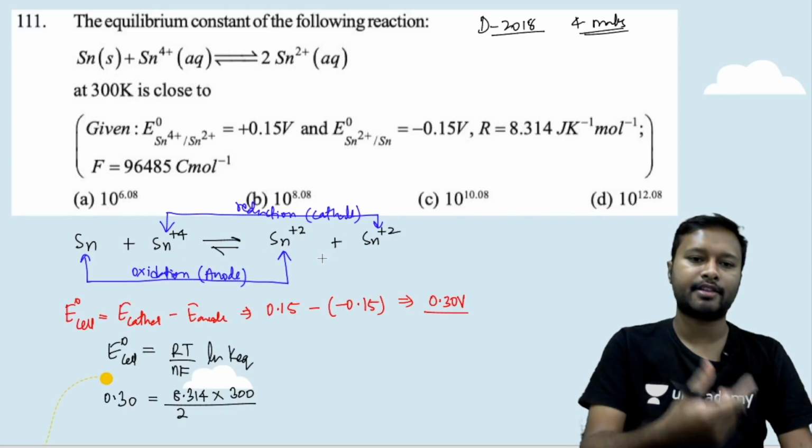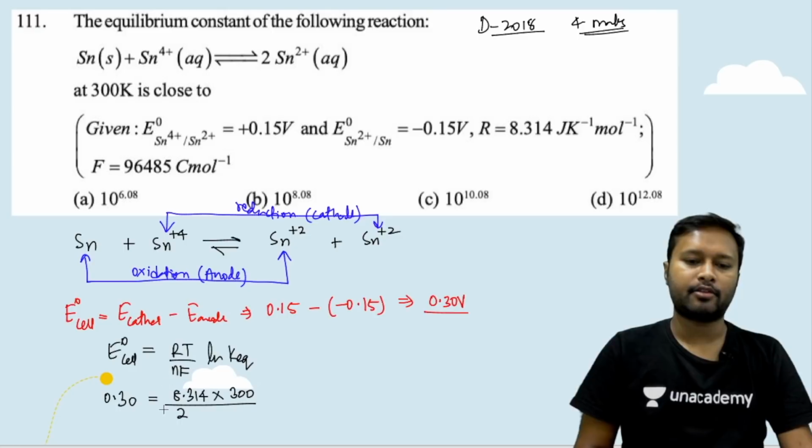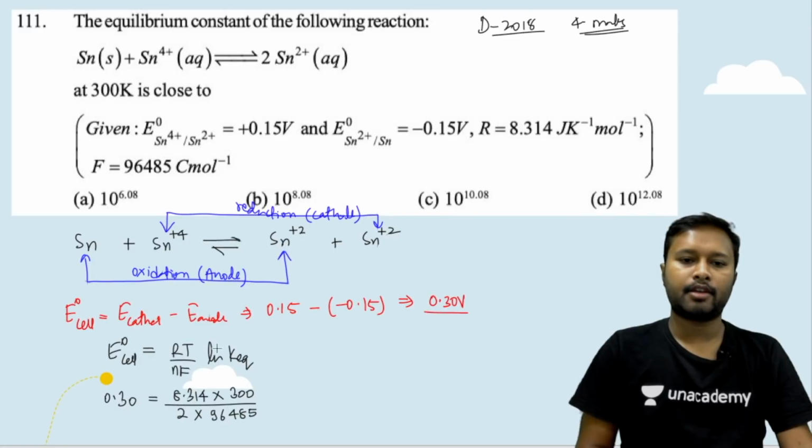If you take the reaction separately, you will see that two electrons are getting exchanged. And then you have F, which is given as 96485. You can convert this ln Keq into log, so you just multiply with 2.303 and it will become log Keq, base 10.